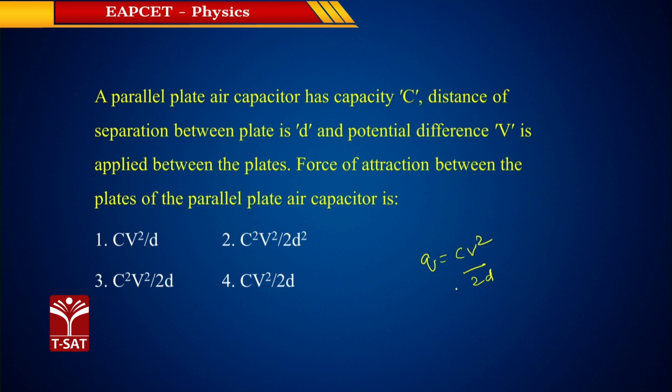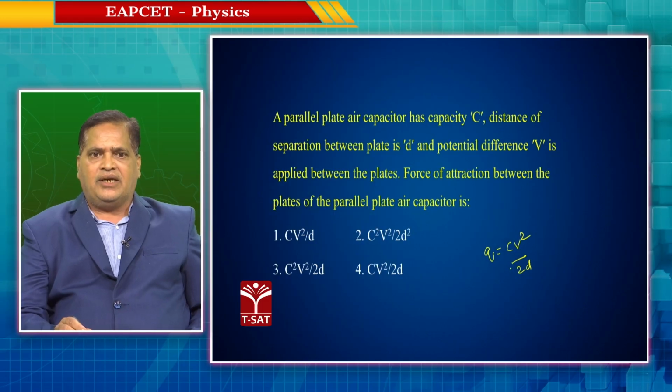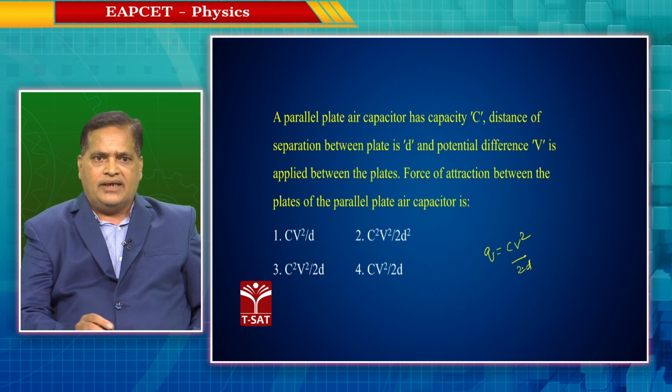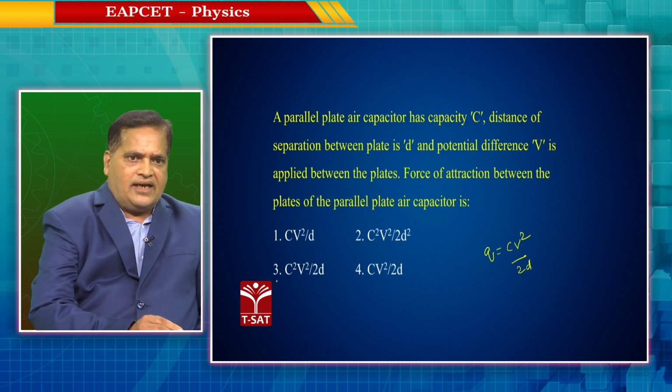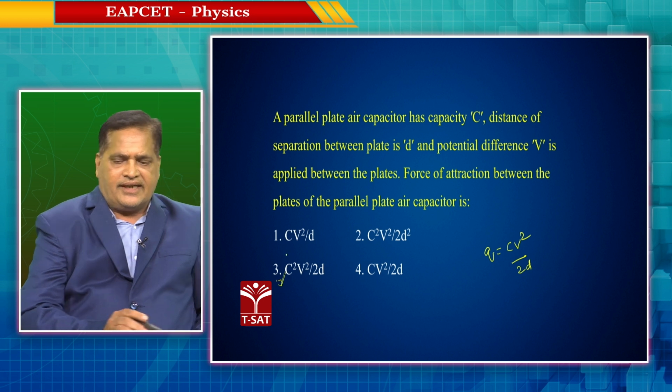Here a parallel plate air capacitor has capacity C. Distance of separation between plates is D and potential difference V is applied between the plates. Here force of attraction between the plates of the parallel plate air capacitor is CV by 2D. See that option here, CV by 2D. Any option is there? Yes, the third option is there. This third option is correct.